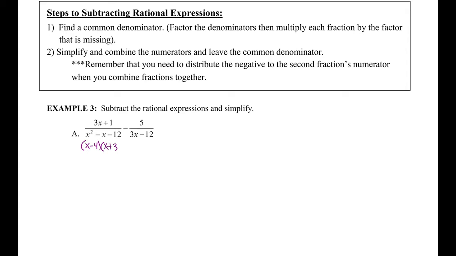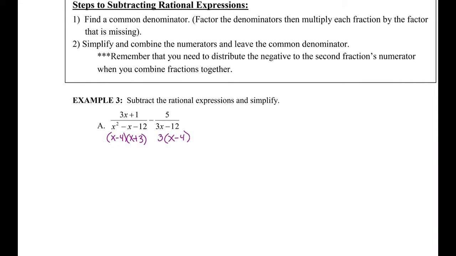And in the second fraction, I can pull out a 3, leaving me with x minus 4. So your least common denominator would include a 3. They both can multiply into x minus 4, and both can multiply into x plus 3.